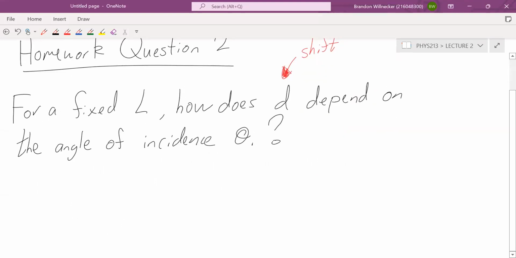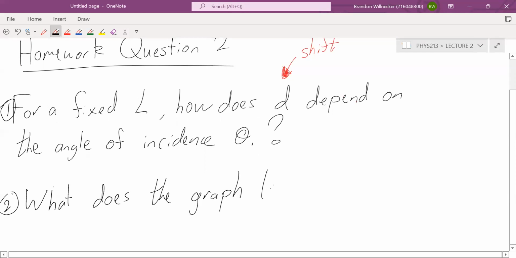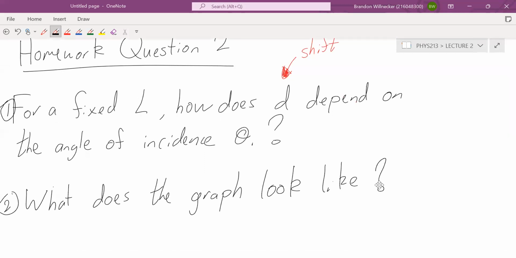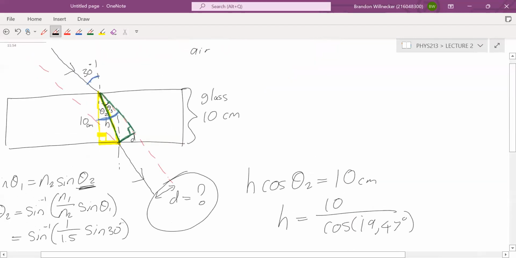Okay, so that's part 1. Part 2, what does the graph look like? In other words, θ1, if we go back here, we can have it being 0 degrees.